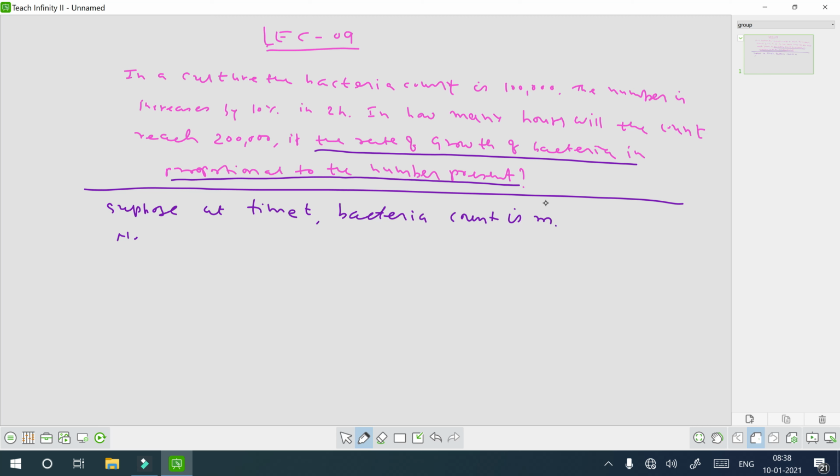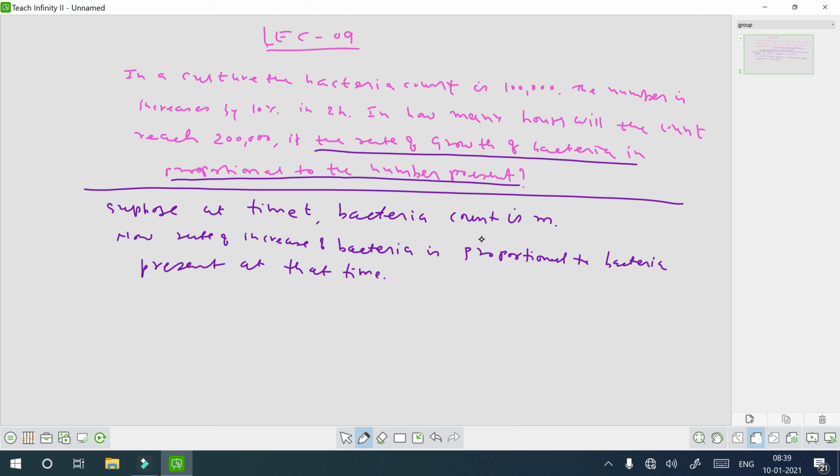Now the rate of increase of bacteria is proportional to bacteria present at that time.